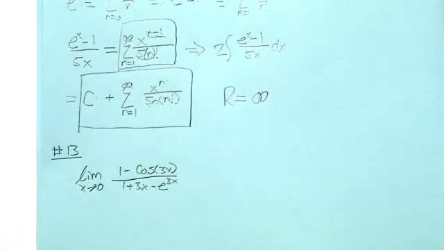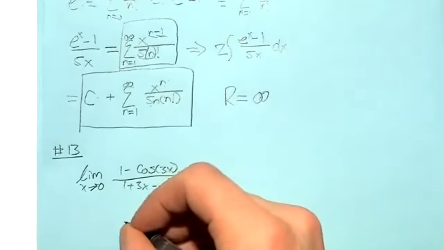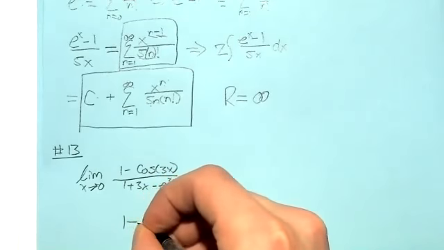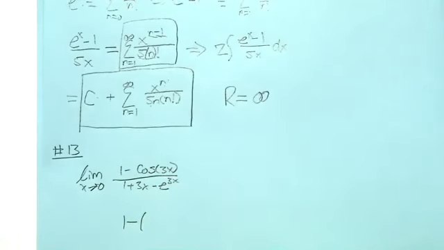Now we need to think about what we have going on in the top and the bottom. If we think about the top, we have 1 minus cosine of 3x. So this 1 minus is going to stay the same. And now cosine of 3x, we know cosine of x, so we almost know cosine of 3x. We just have a 3x instead of an x, so it's as easy as plugging a 3x in for your x into that general formula.